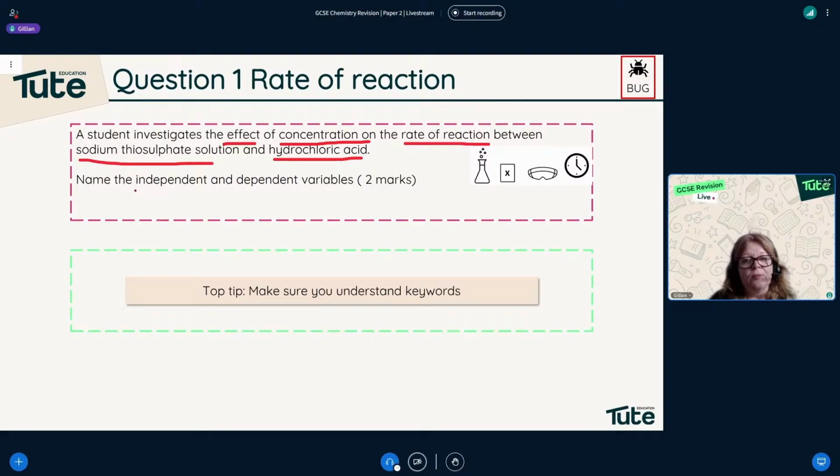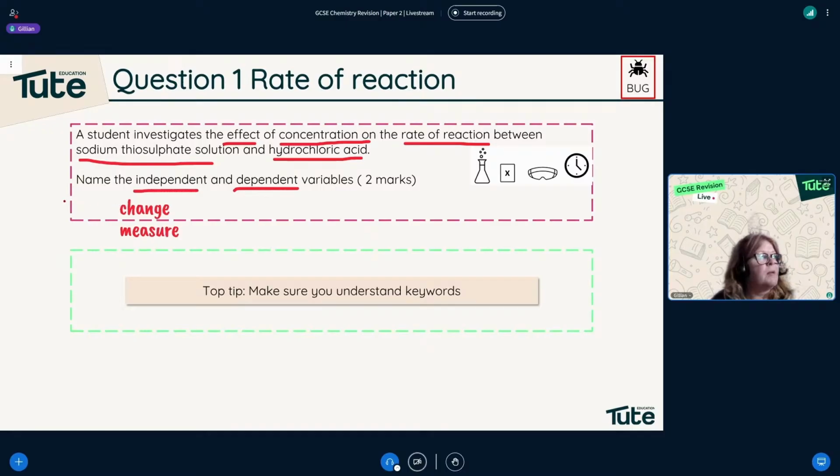We need to name the independent and dependent variables. You need to know what those two keywords mean. The independent variable in an experiment is the variable that we change, and the dependent variable is the variable that we measure.